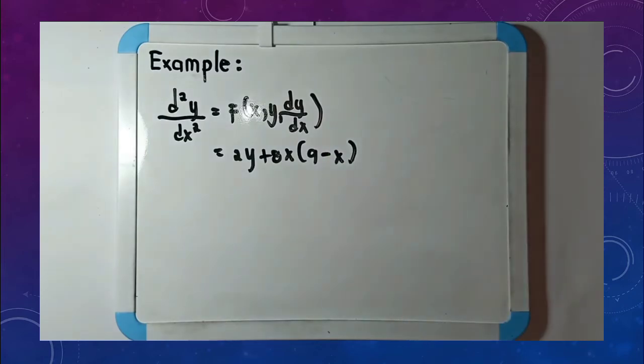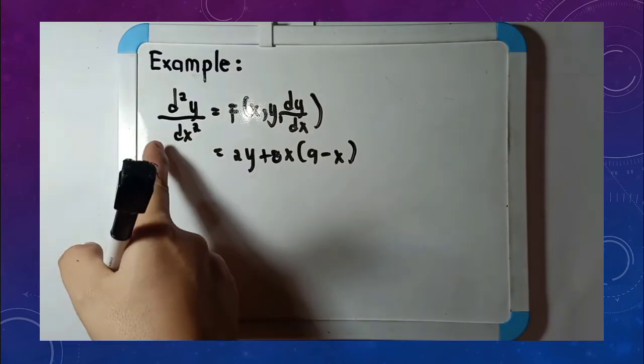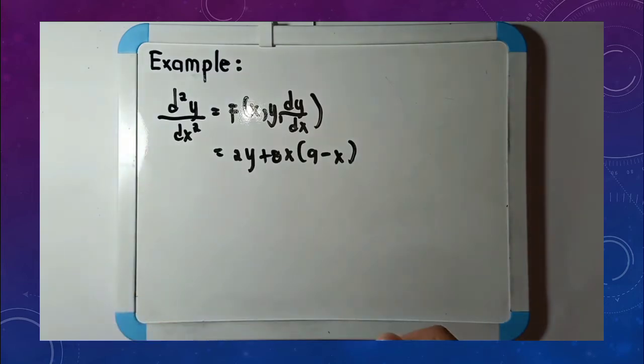Since this is a second order differential equation, we can use initial value methods such as Euler's method, Runge-Kutta second order method, and Runge-Kutta fourth order method. All of these fall under the category that can solve first order differential equations.